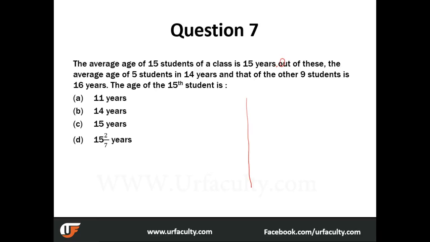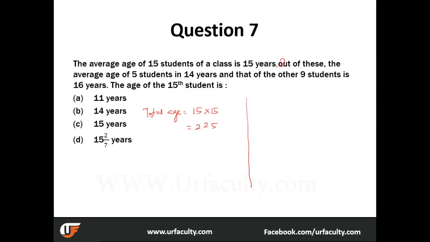What is the usual technique? I'll first find out the total age of the class, right? The total age of the class is what? There are 15 students and the average age is 15, right? So this is 225. And what are they saying?